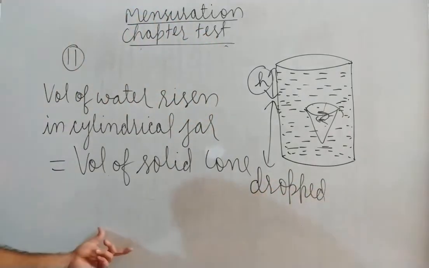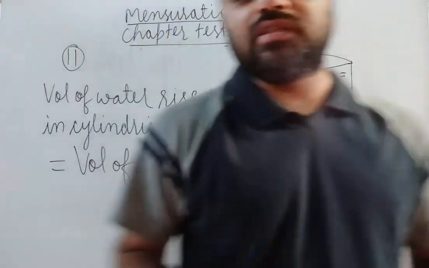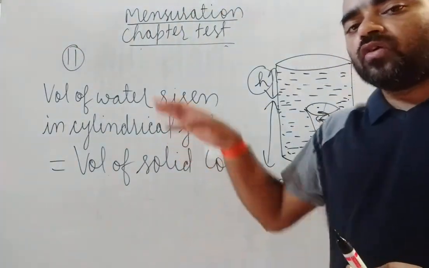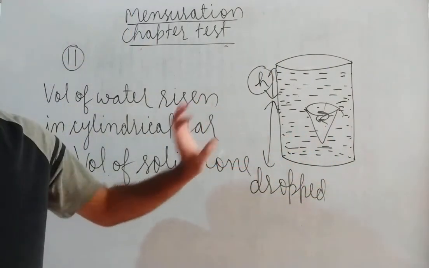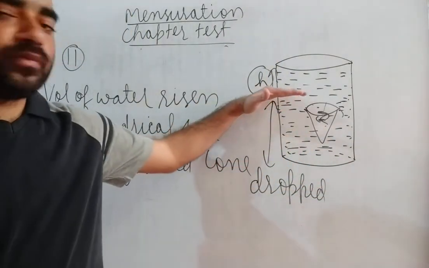This is the concept again. In this question, what is the difference? No amount of water overflows. What is the reason? Since the jar is not completely filled. Water is filled up to some height.